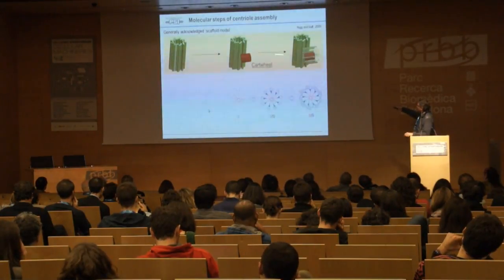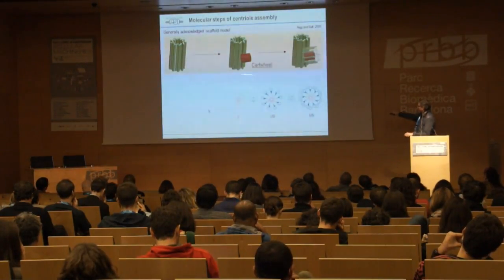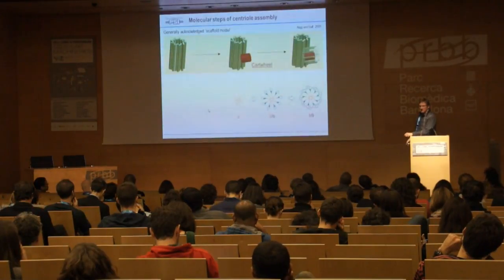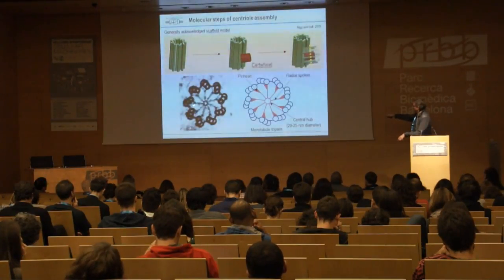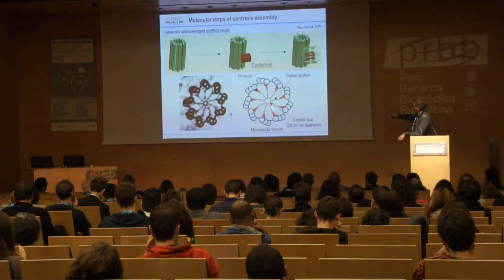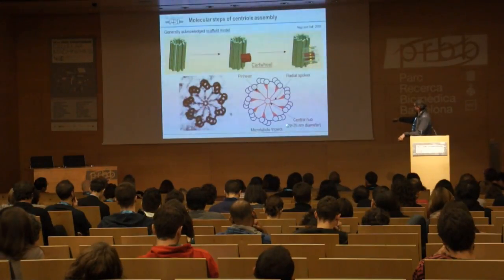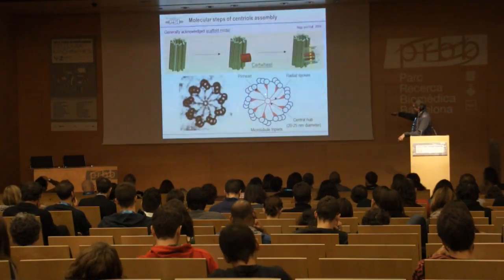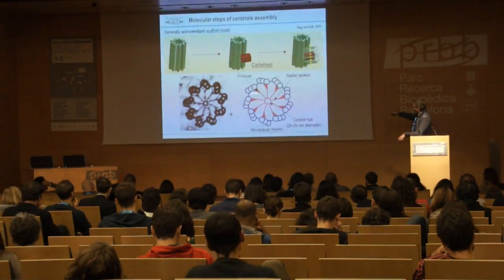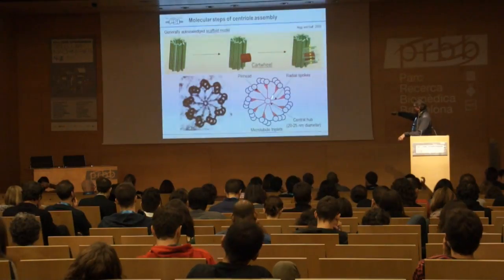This is a side view of the process, and this is also typically what you find in textbooks. Here you see a representation of the cartwheel based on electron microscopy studies. The cartwheel is characterized by a central hub of 20 to 25 nanometers in diameter. It contains radial spokes and a pinhead structure which connects the cartwheel to the microtubule triplet blades.